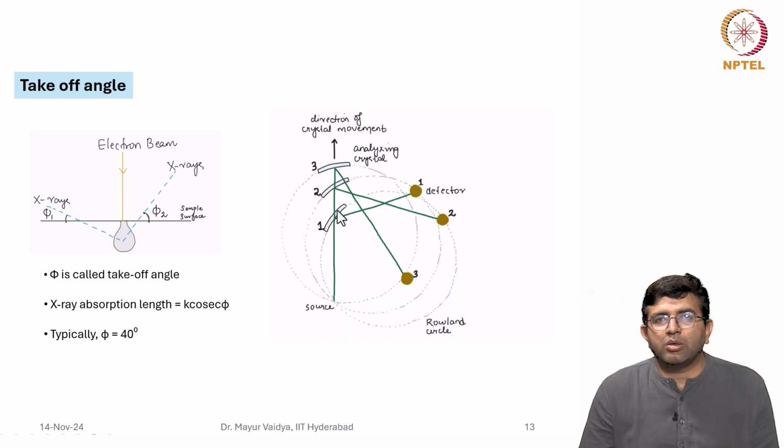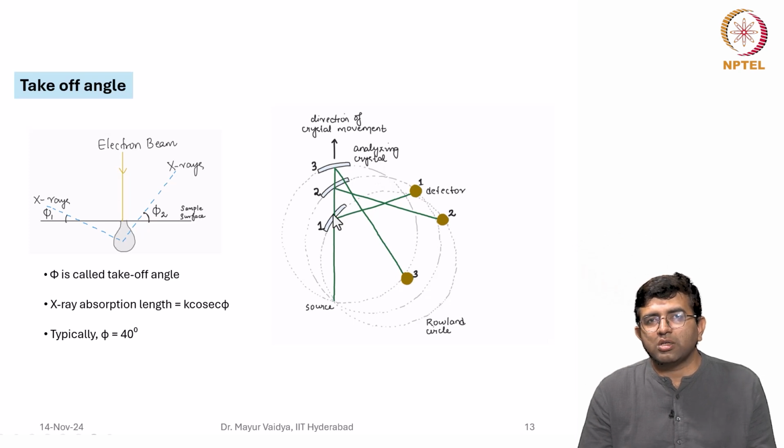In the setup of EPMA, usually the sample is fixed. It is the analyzing crystal and the detector which simultaneously move. You can see here, 1, 2, 3 indicates the direction of movement of the analyzing crystal and the corresponding movement of the detector, such that it is ensured that at any time all three fall on the same Rowland circle.